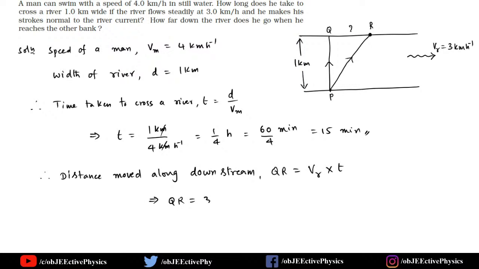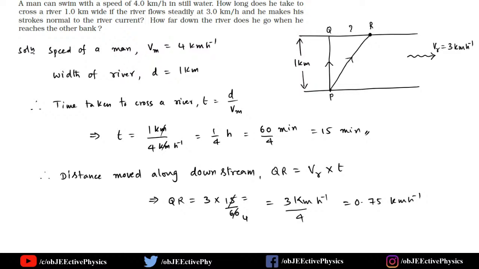So QR is equal to 3 into 15 by 60 hour, or 1 by 4 hour. 3 kilometers per hour into 1 by 4 hour is 3 by 4, that is 0.75 kilometers.